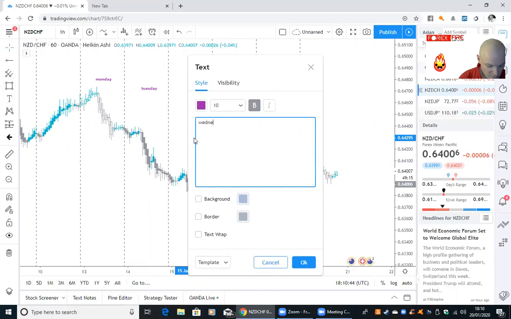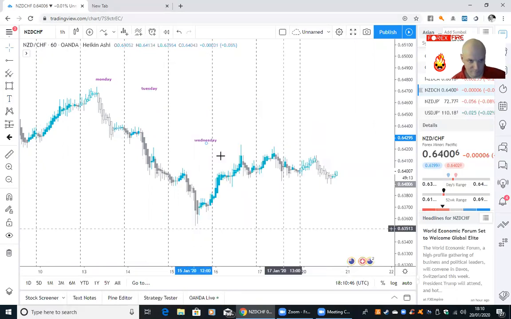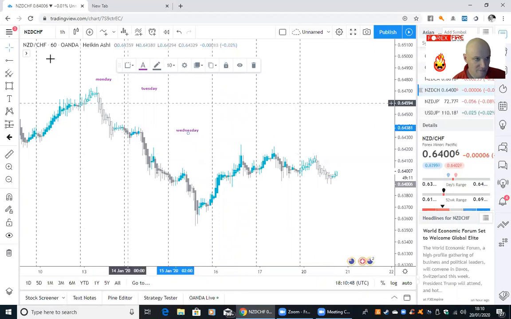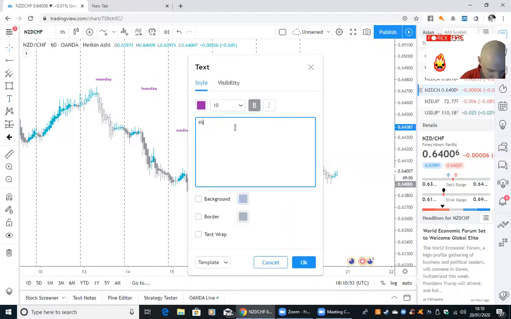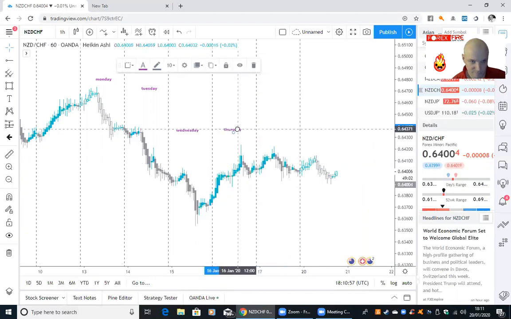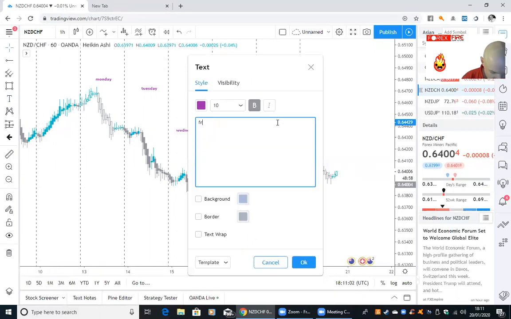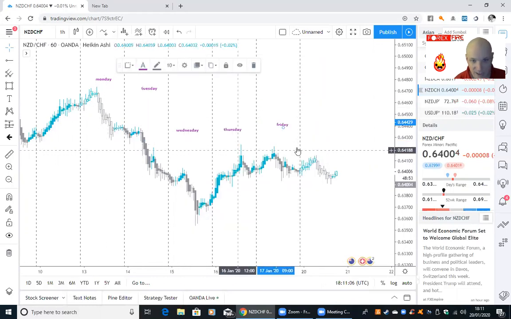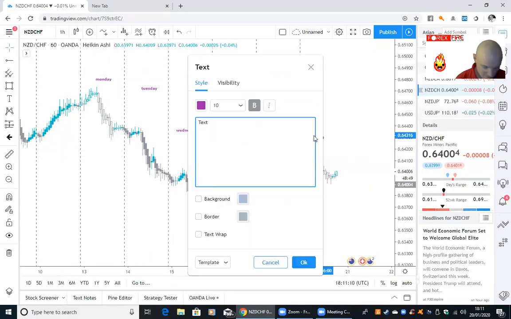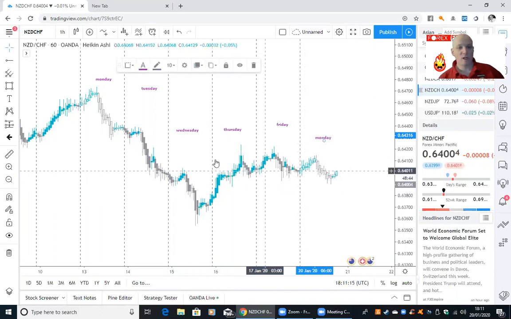This will be Wednesday. This will be Thursday. And then the end of last week, the Forex week where the markets close, this will be Friday, hence Monday being the white candles. The start of the new Forex week is obviously, you guessed it, Monday. Okay, so we're going to work along this preference.